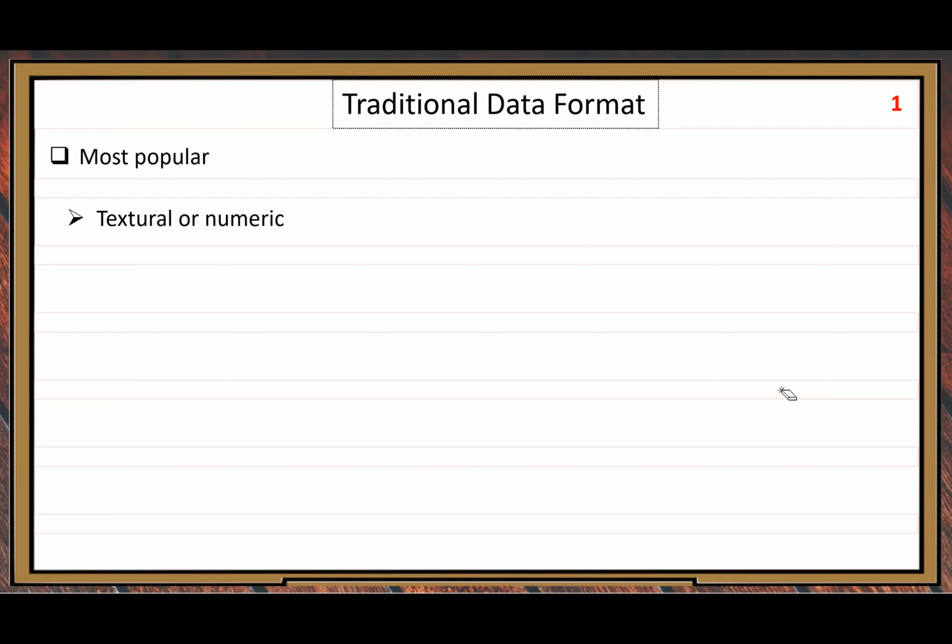First, textual and numeric. The most commonly used format, textual numeric. Textual, the string values. Numeric, numbers, different types of numbers. We use this type of data most of the time.